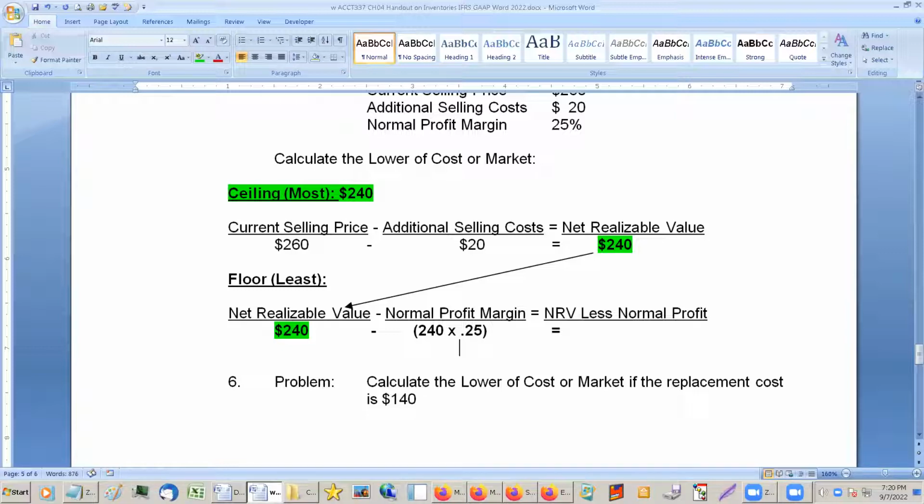Yes, 60. Okay, so this is 60. All right, so this will be what? 240 minus 60 is 180, right? So this will be our floor.